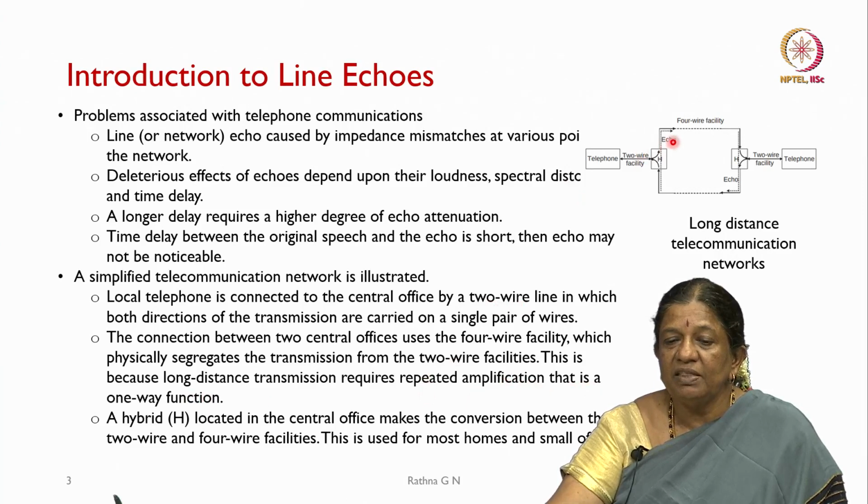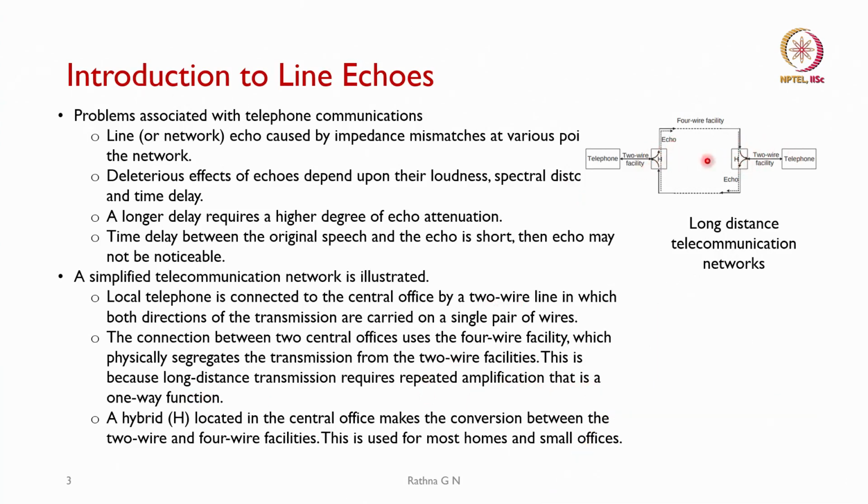You will see office 1 and office 2, with 2 lines going out from here and then 4 lines between the offices. When it goes to the receiver telephone, from the office again it is a 2-wire connection.